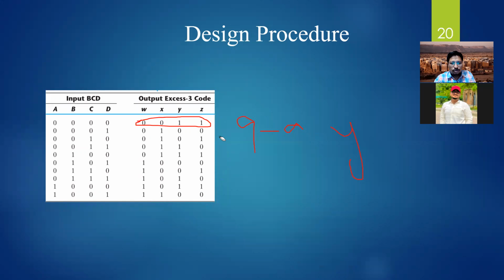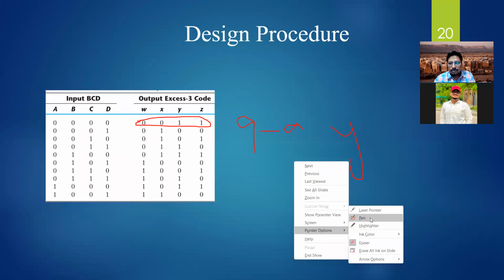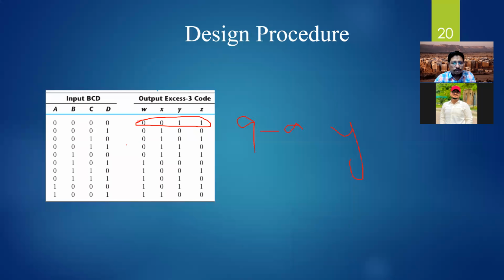Let me talk about another one here. If I take number 4, or any number, for example this one, and I subtract it from 9, 9 minus 4, it should also give me the complement of it.